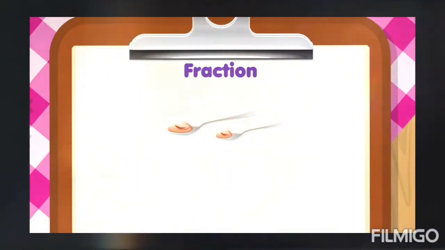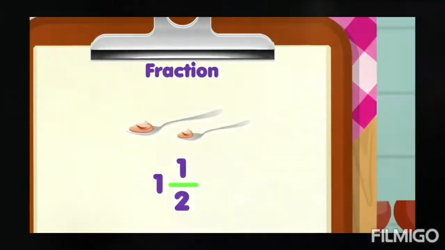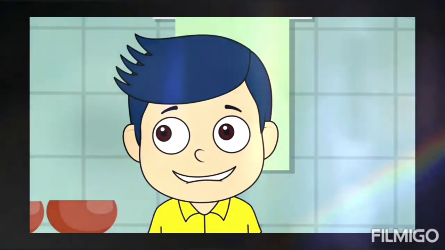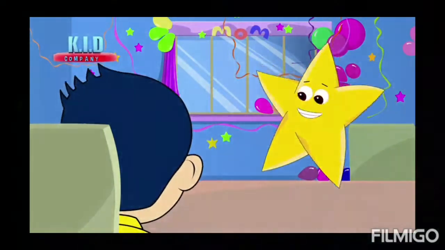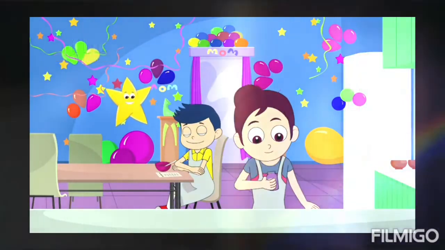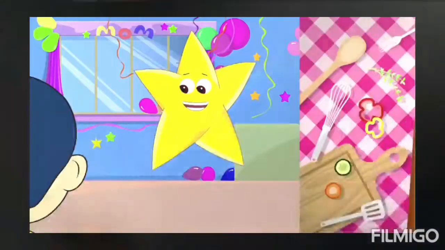This can be written as 1 and 1 upon 2. That is a mixed fraction. Excellent, a mixed fraction. So we see we can write a mixed fraction as an improper fraction and similarly an improper fraction as a mixed fraction.